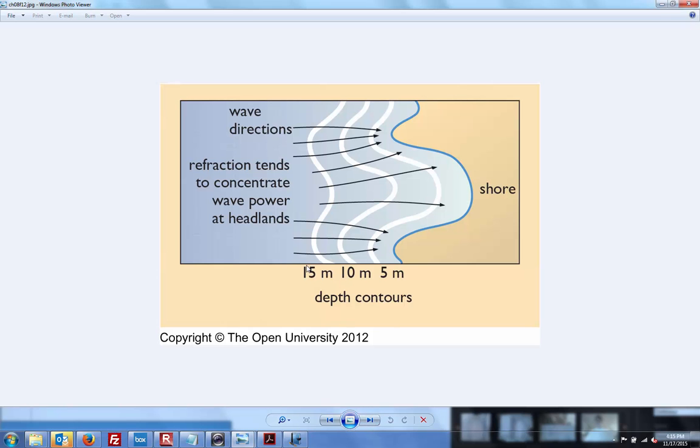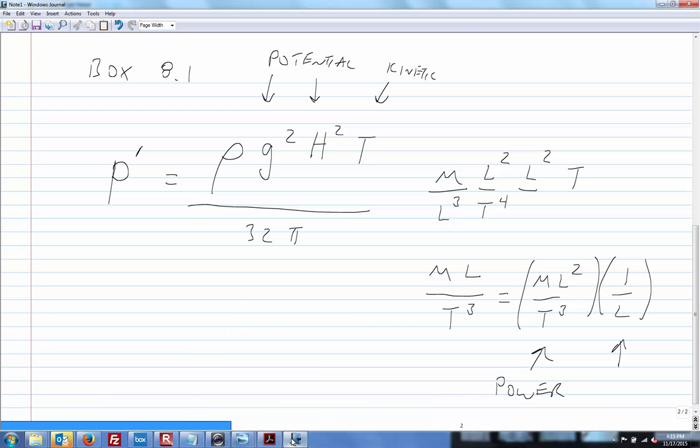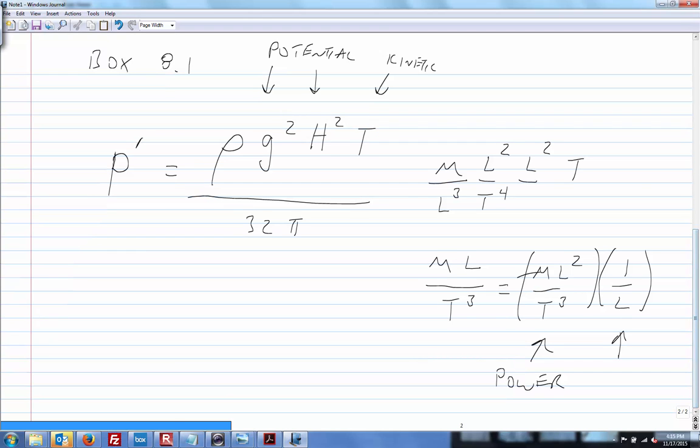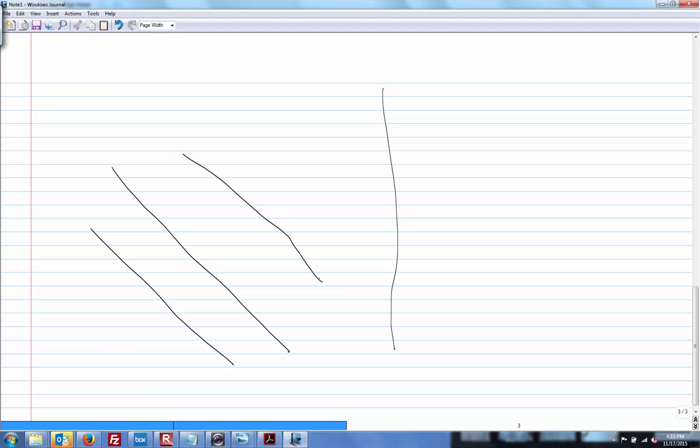So let me try to draw it here. If this is the shore, and let's just say these are the waves coming in. This particular wave right here is going to hit first and slow down, right?